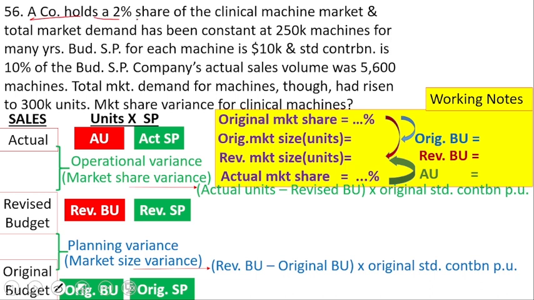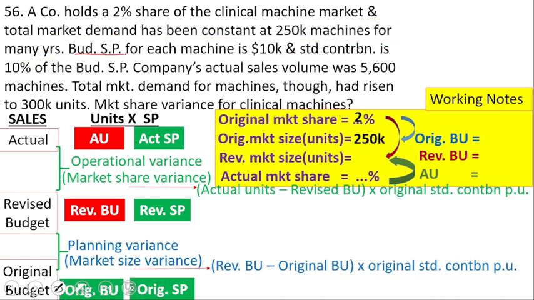A company holds a 2% share of the clinical machine market, which means that 2% is the original market share. So we enter 2% against the original market share. And the total market demand has been constant at 250,000 machines. The total market demand, so that's nothing but the original market size.